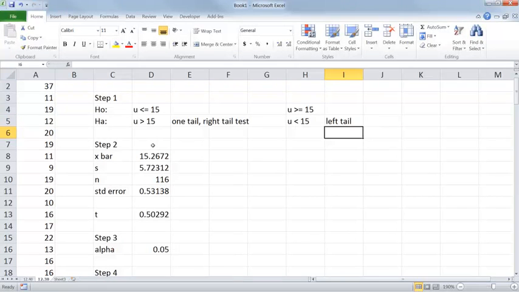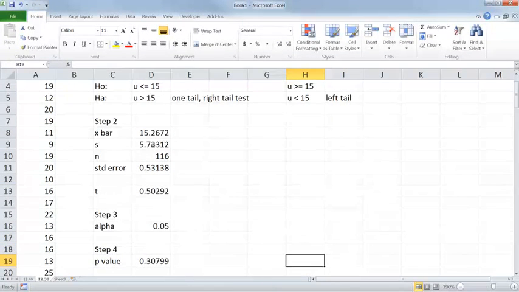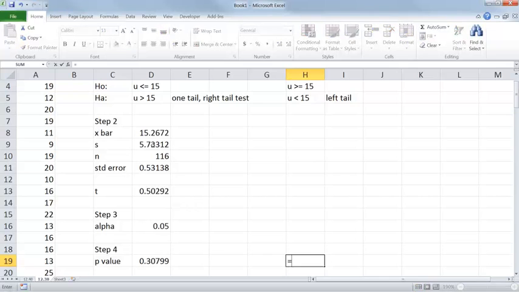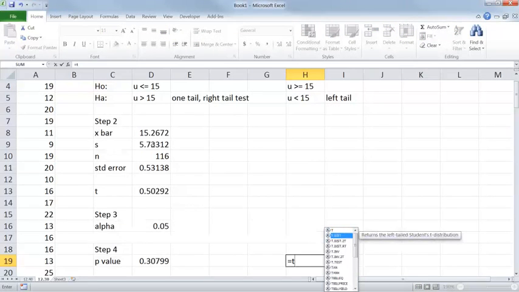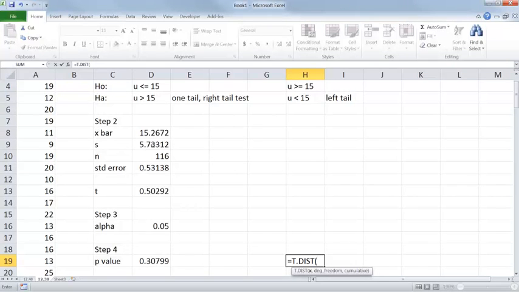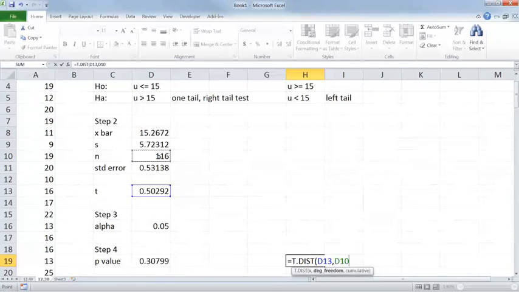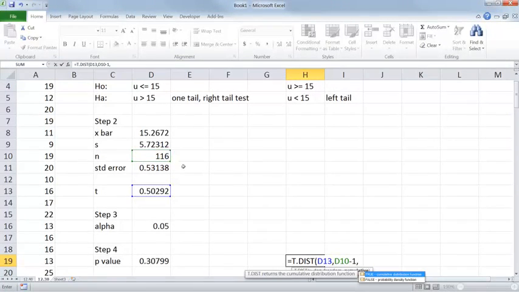So t would still be the same. Everything would be the same except for all the way down to the p-value stuff, right? So let's come down here and find the p-value for a left tail test. So we say equals t.dist, not t.dist.rt, just t.dist. And in this case, we use our same t. Degrees of freedom is n minus 1. And then in this case, it wants, just like, remember the norm dist?